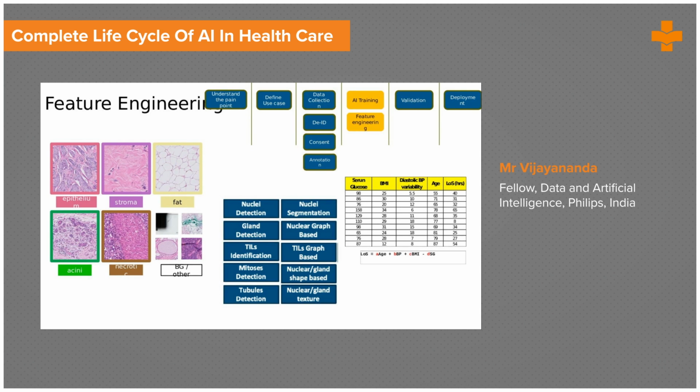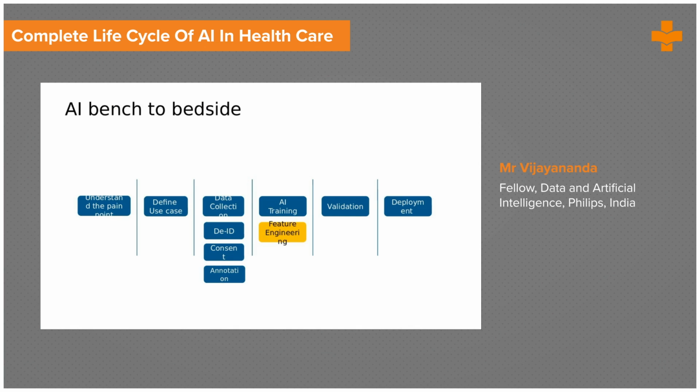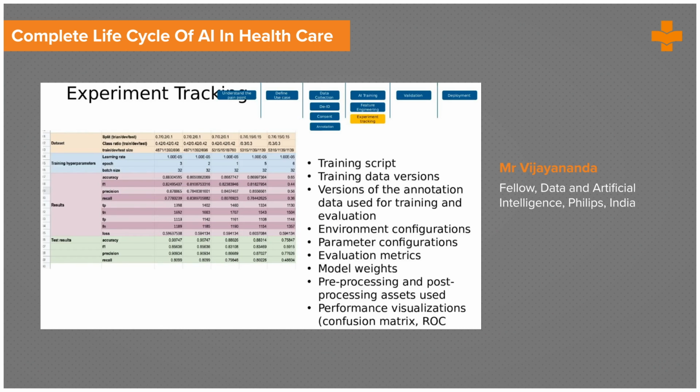So feature engineering is an important aspect of the training. And this is just to give the spectrum of processing that is required during the feature engineering. I'll just skip this. This just tells about the primary use and the secondary use of the data during the feature engineering. The next aspect is about the experiment tracking.